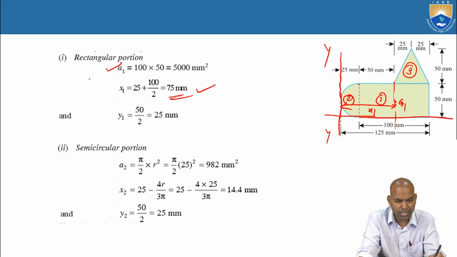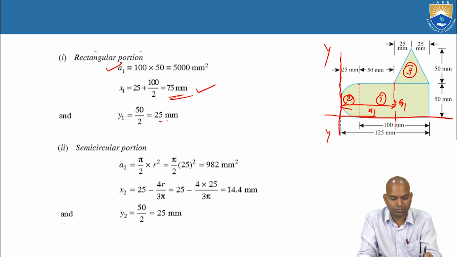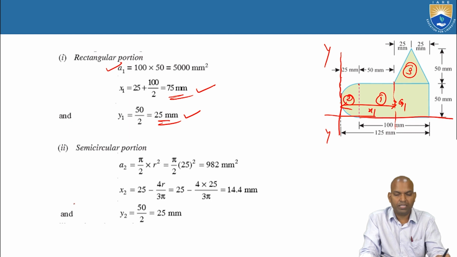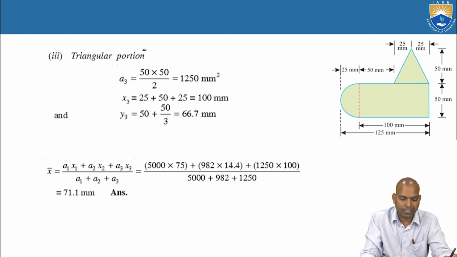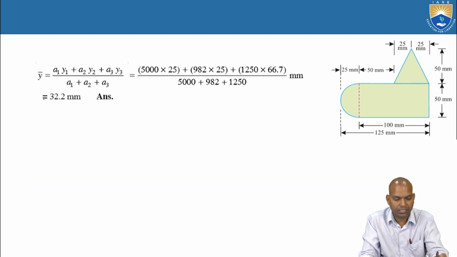For a rectangular area, it is length into breadth. What is Y1? Y1 is the vertical distance of section 1 to the horizontal axis. That is 50 by 2, 25 millimeters. Similarly, for the semicircular and triangular portions, you can go through it after calculating A3, X3, Y3. Substitute back in bar X and bar Y, you'll get it.